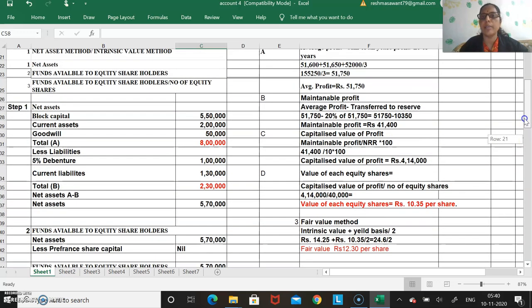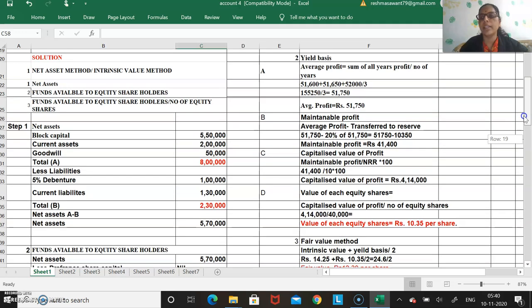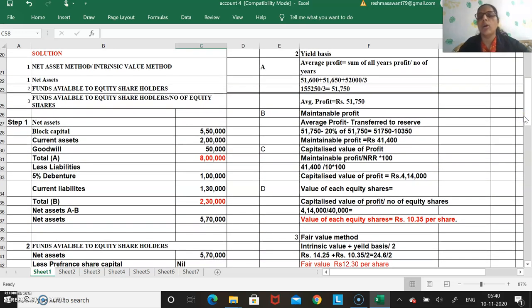Then calculate the second method, yield basis method. In yield basis method, we use profit or income basis. Step number 1, calculate average profit, that is the sum of all years' profit divided by number of years. By this way, we get average profit 51,750. Then calculate maintainable profit with the formula average profit minus transfer to reserve, and maintainable profit for this question is rupees 41,400. Then capitalized value of profit: maintainable profit divided by NRR into 100.